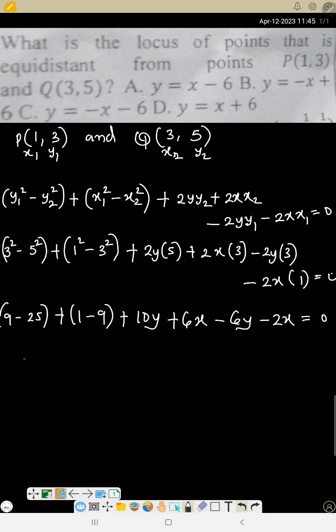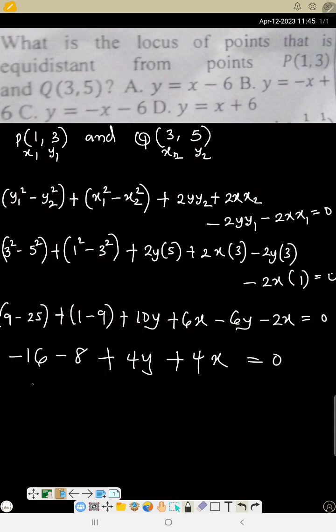So 9 minus 25 is minus 16, then minus 8, because 1 minus 9. Then we have 10y minus 6y, that is 4y. 6x minus 2x is 4x, equals 0.